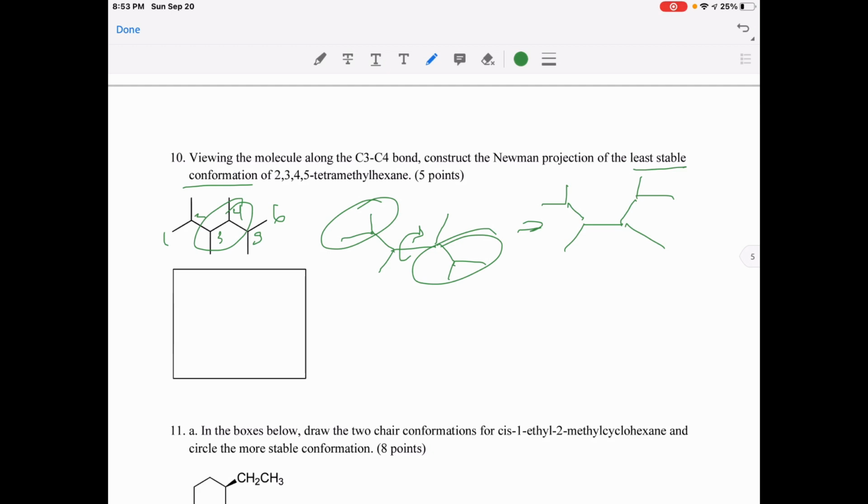And if you include the hydrogens in this line angle formula, if you bring them back in, you can see the following structure.